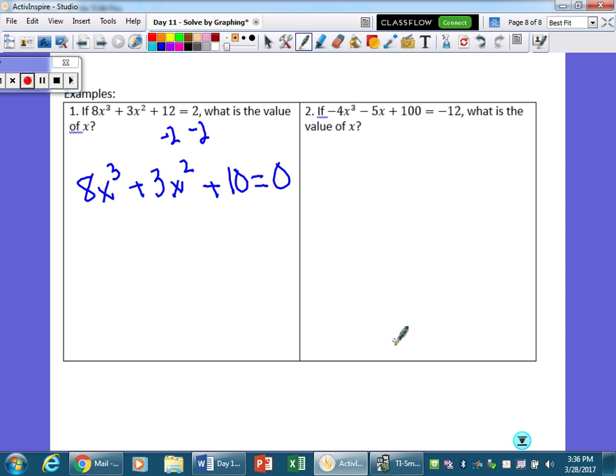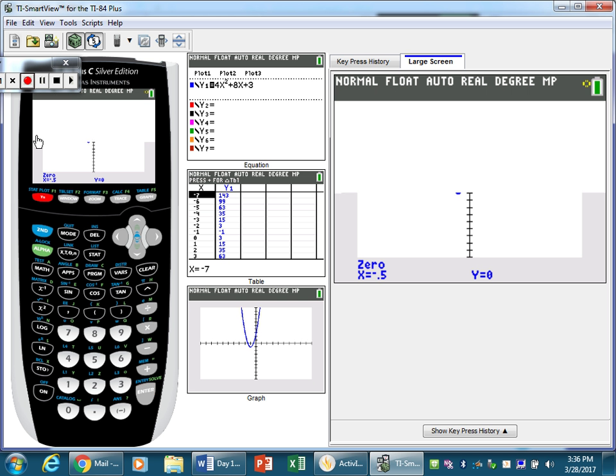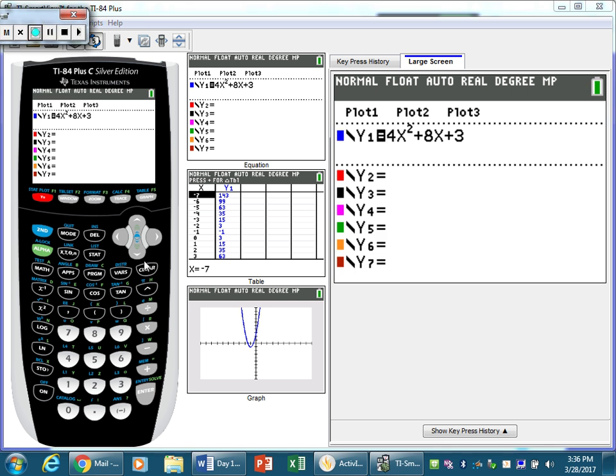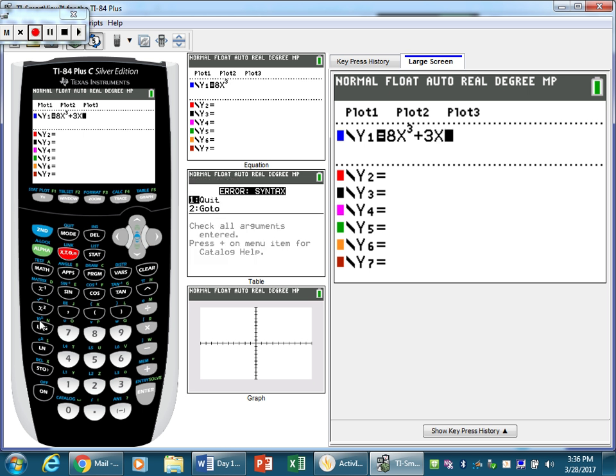So I'm going to go to my calculator, and I'm going to set it in. So 8x caret 3, bring your cursor down, plus 3x squared, plus 10.